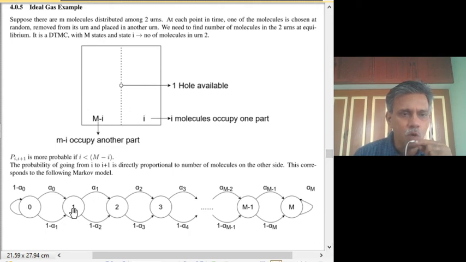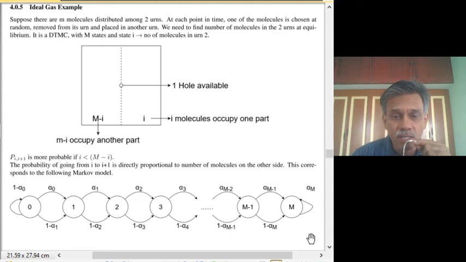It can be 0, 1, 2 up to m, but in each state the probability that the quantity I increases by 1 or decreases by 1 is state dependent. So at the ith state, alpha I is the probability that it will go from I to I plus 1, and 1 minus alpha I is the probability that it will go from I to I minus 1.